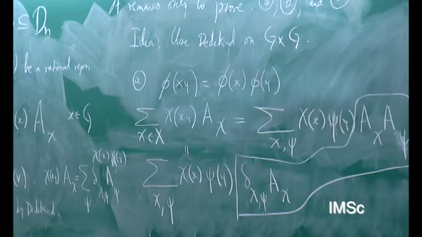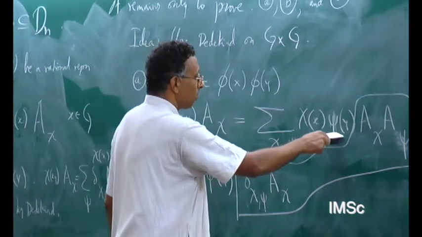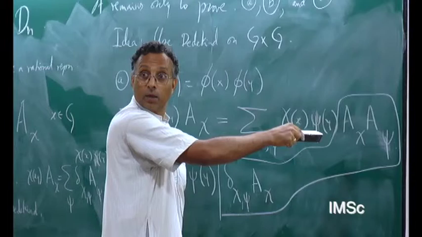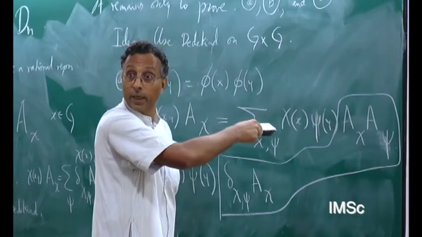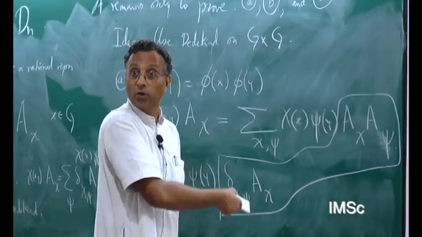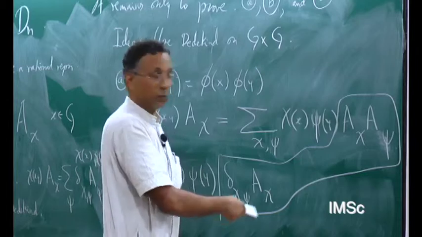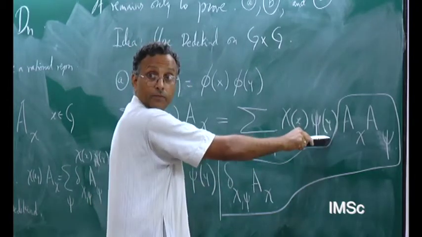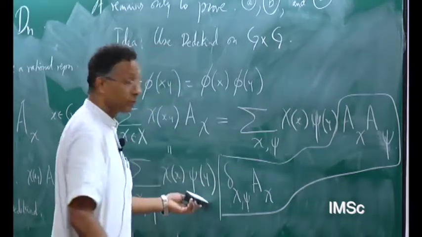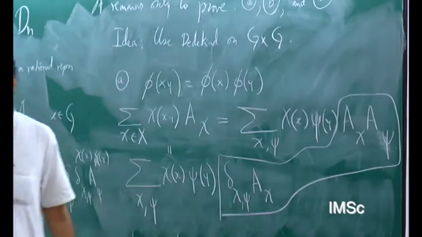Writing a matrix is just a way of collecting together several equations. Now each one, you are writing a linear combination of characters on G cross G. These are characters on G cross G. They are distinct.